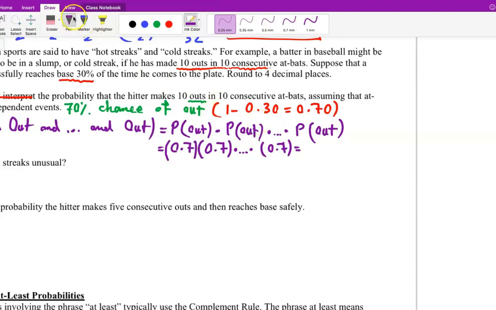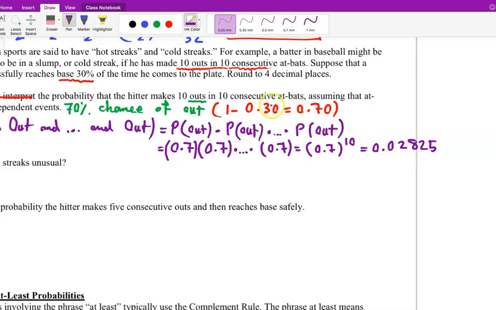Or I can write 70% to the power 10, because we have 10 outs. So that is equal to 0.02825.